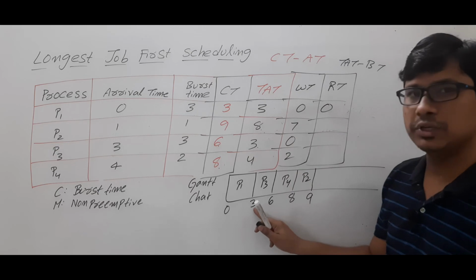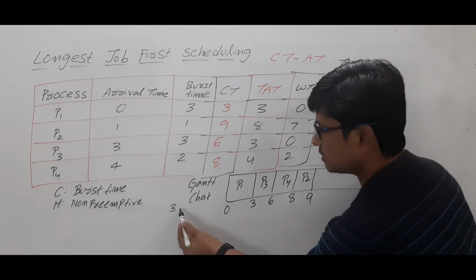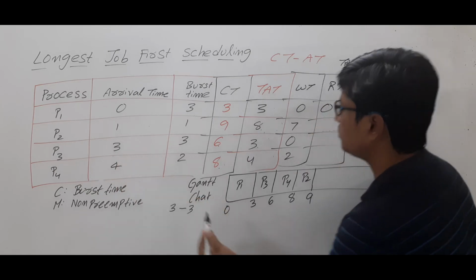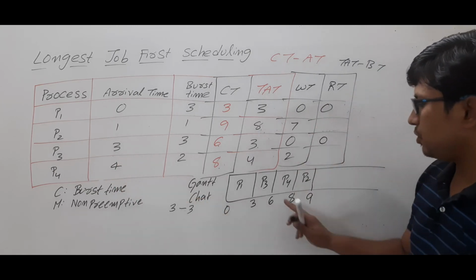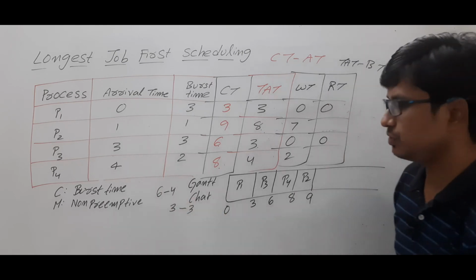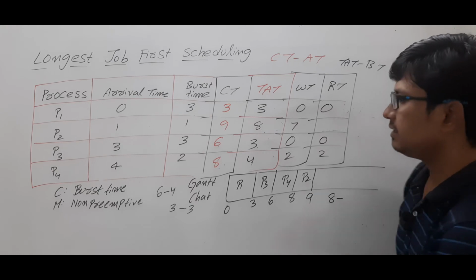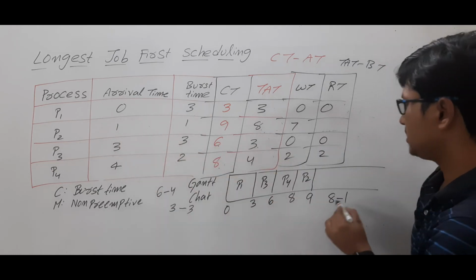Look at process P3. It entered the CPU at 3 units of time, and its arrival time is also 3. So 3 minus 3 is 0. Process P4, 6. Arrival time is 4. So 6 minus 4 is 2. Process P2, 8 minus 1, which is 7.